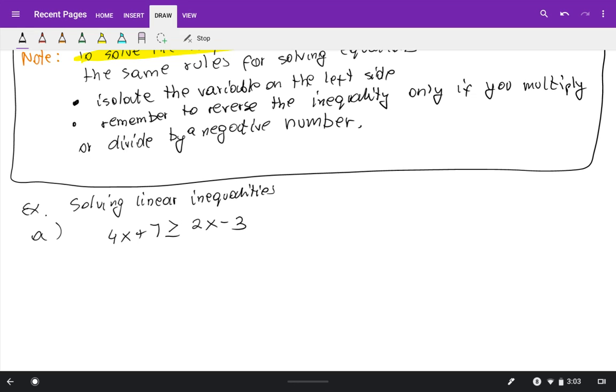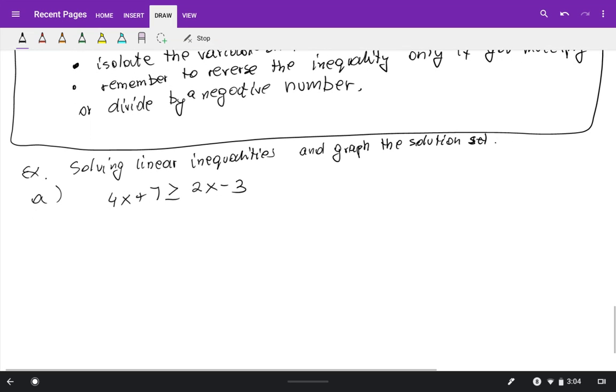So solve the linear inequality and graph the solution set. Okay, so here first you want to bring the x's together to the left side, so that 2x has to be moved to the left side. So the same way like we're solving equations, since I'm moving numbers or expressions to the other side using the opposite, you need to subtract 2x from both sides of the inequality.